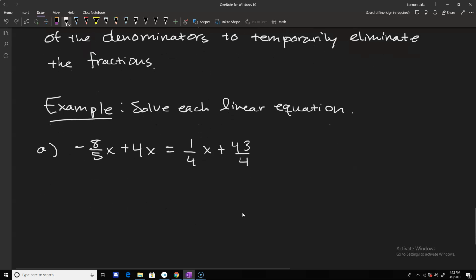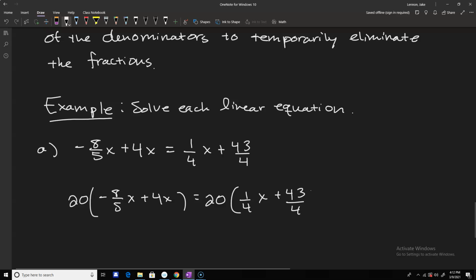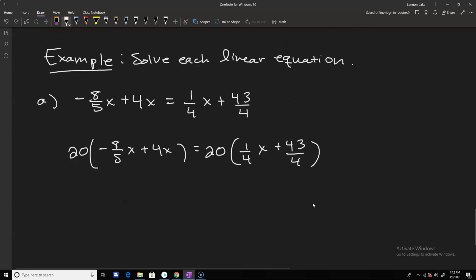So we want to get rid of the fractions, so we just need a common denominator of 5 and 4. So basically, we're just going to multiply both sides by 20. That's a common multiple of both of those fractions. So when we do that, all the fractions will disappear until the very last step. And remember, we have to distribute here.